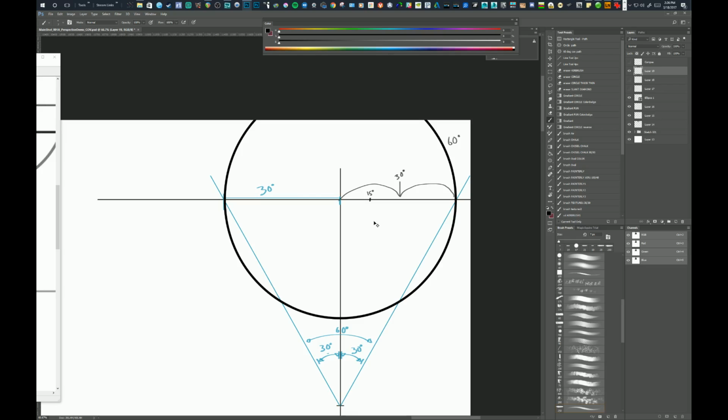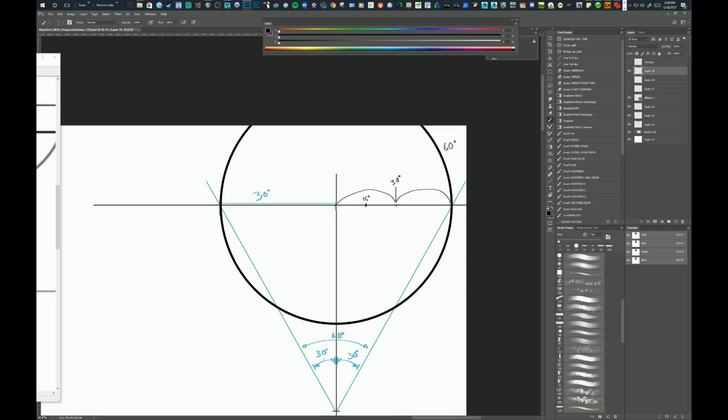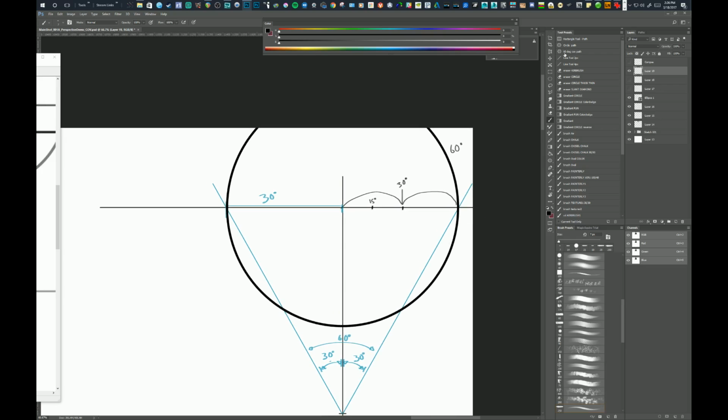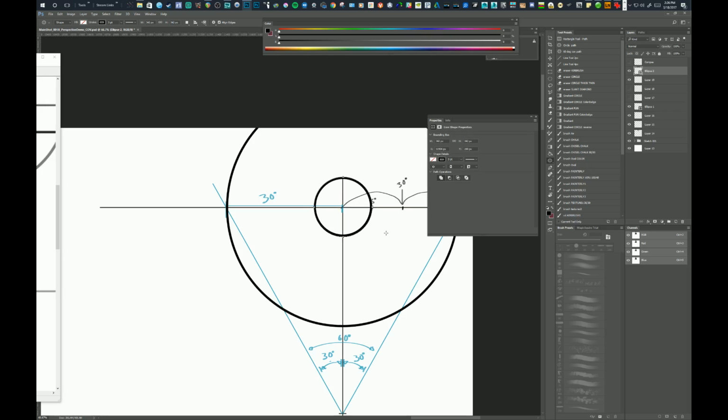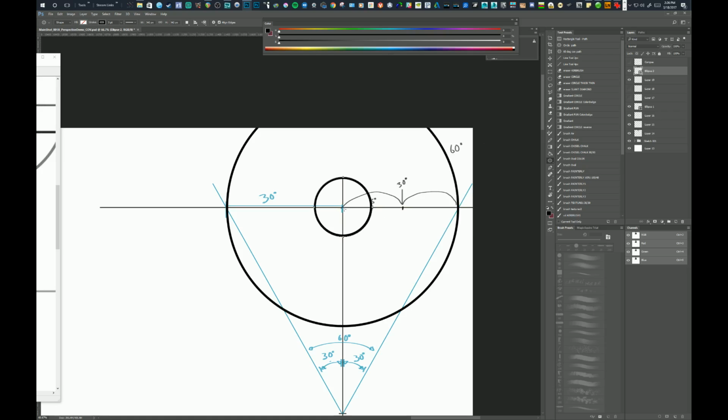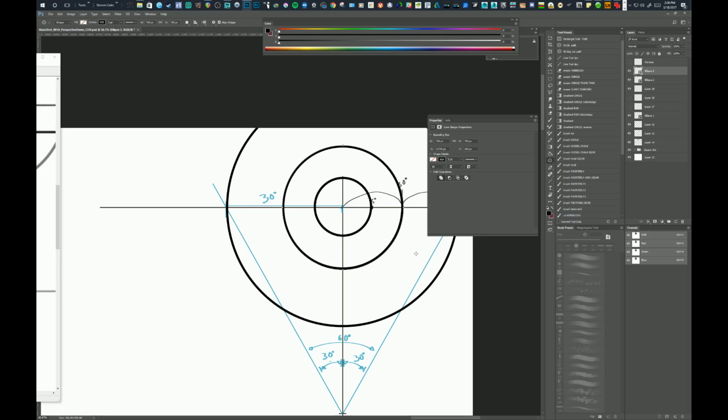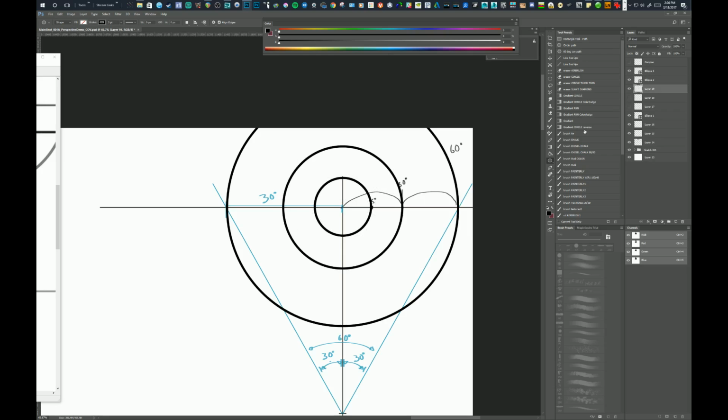So it's really easy to start to develop an idea of what these measurements look like. Now we'll create a few more shapes to embody what I'm talking about. If we go from the center of vision, hold down Shift to create a proportional circle, that would be around 15 degrees. And this next one would be around 30 degrees. I just calculated that by eyeball after I had my 60-degree cone of vision.